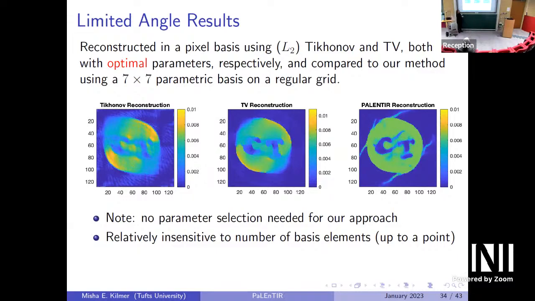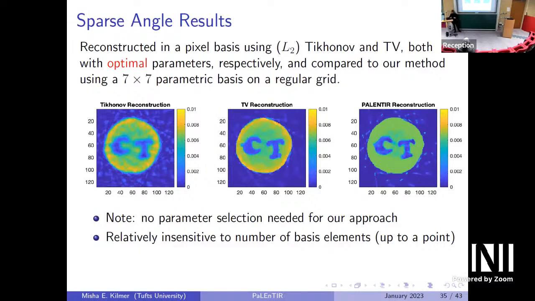If you let that capital N go to infinity, this problem gets very ill-conditioned. You have too many parameters. It's really not so sensitive. So the reconstruction quality, if we used 6x6, 7x7, 8x8, 9x9, pretty much looks the same. If you started to use too many, it did get worse, as we expect.